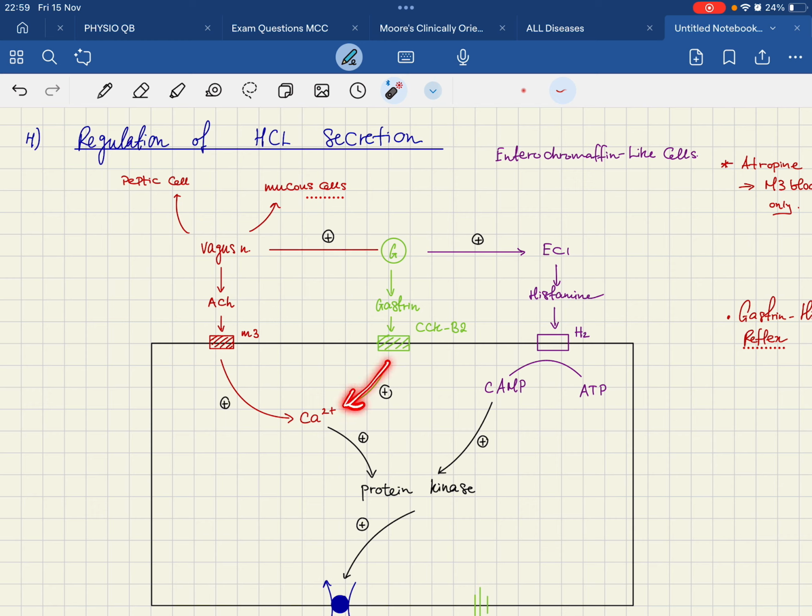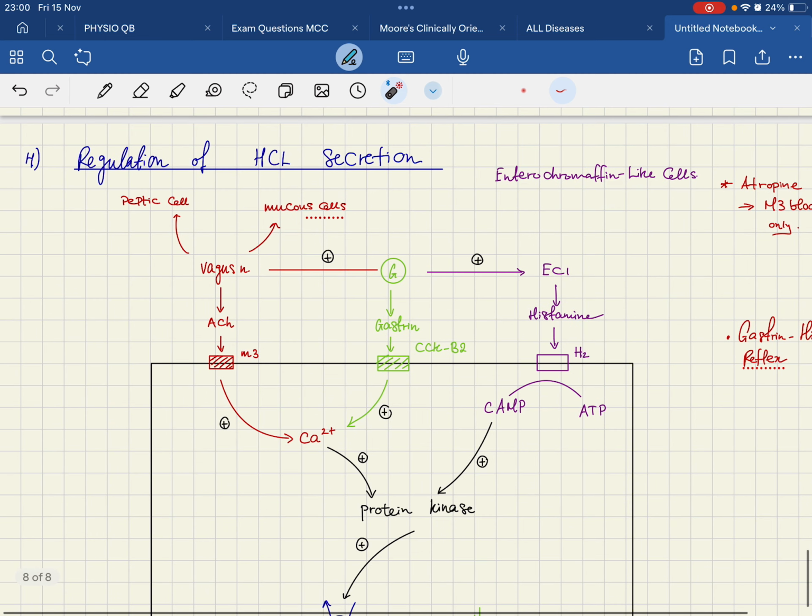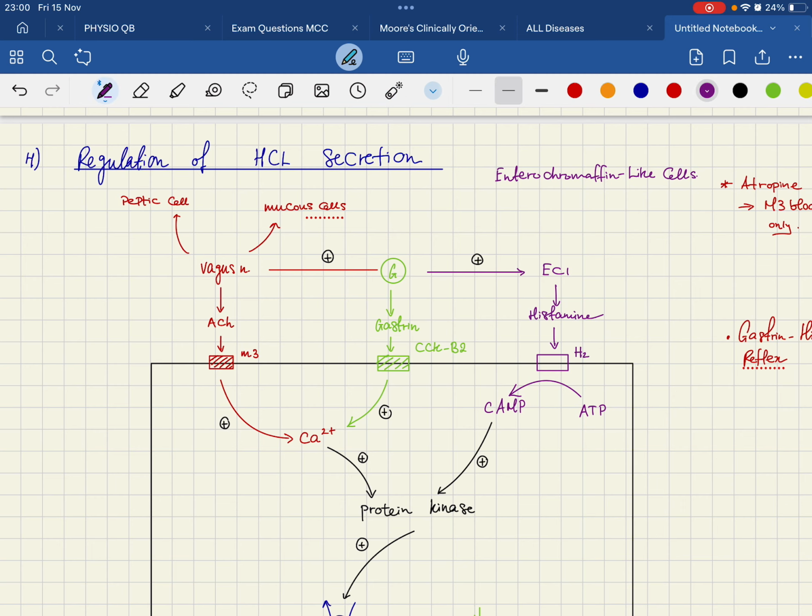Again, the secretion of calcium. And then this gastrin will in turn stimulate the enterochromaffin-like cells. It will release histamine, which will act on the H2 receptor, which will convert ATP into cyclic AMP.